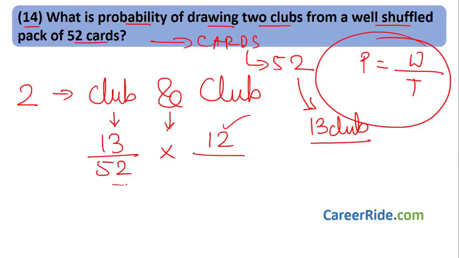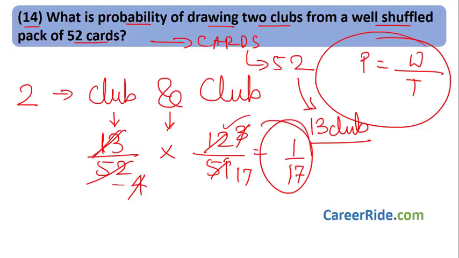So out of 52 cards, one card has gone. So how much remain? 51. So what is the probability? That would simply be 13 by 52 into 12 by 51, 13 4s are 52, 12 by 51 is 4 by 17, 4 4s are 16, 1 by 17 is the probability of choosing 2 clubs from a well shuffled pack of 52 cards.